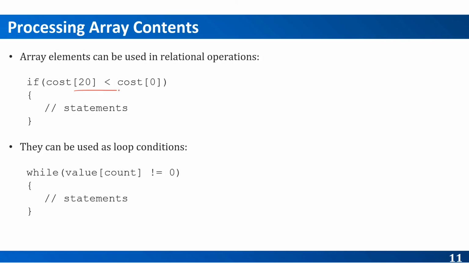So that's something you could do. You could check if a value in one of the elements is not equal to 0. So you can process it, right? If it's not equal to 0, this means that maybe I need to process this element, right? Do something to it. So that's also something available.